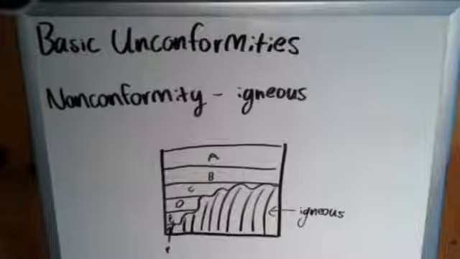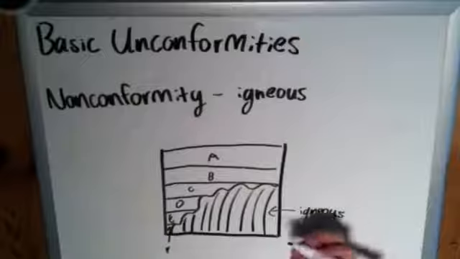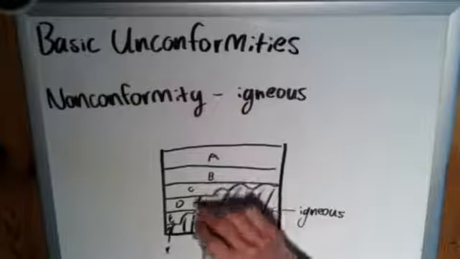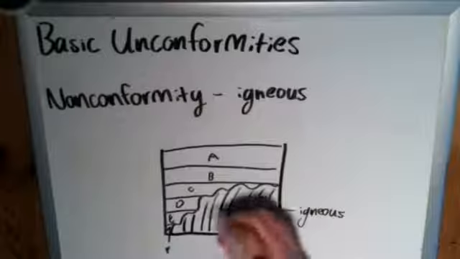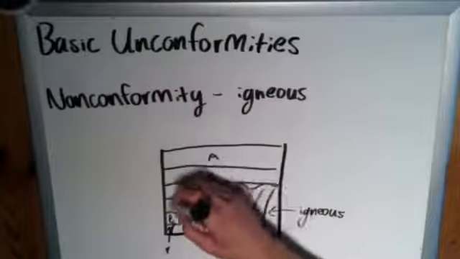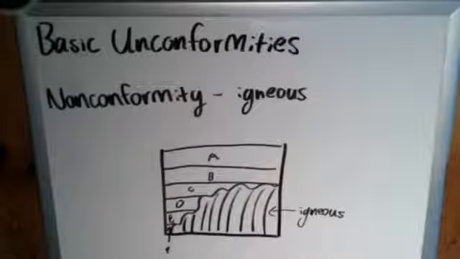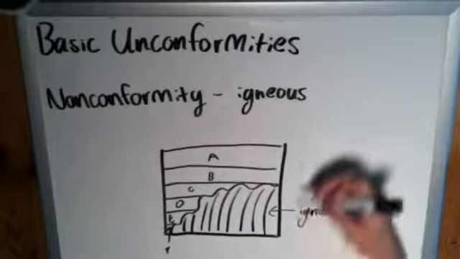Well, when we look at this, you could say two things, and actually that was kind of unintentional. You could just say this was an igneous intrusion, and by the law of cross-cutting relationships, this has to be younger than these because it came up and passed through them. However, you could also say that the igneous rock sort of formed here, and then these were deposited on top of it as it was eroded.